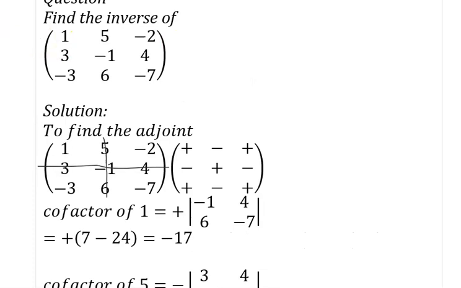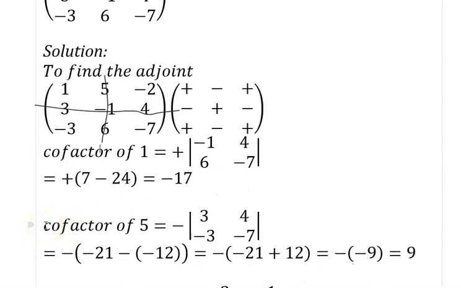We are moving gradually. Like I told you earlier, it's a very long process. Move to the cofactor of 4. The corresponding sign is what? Minus.